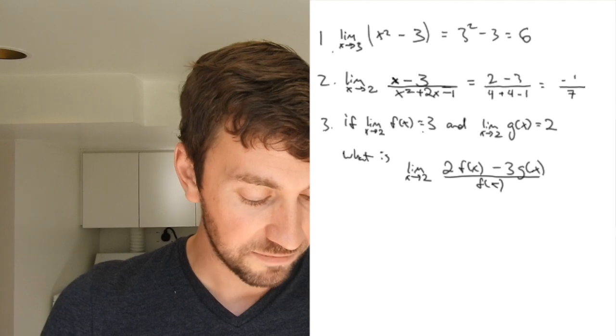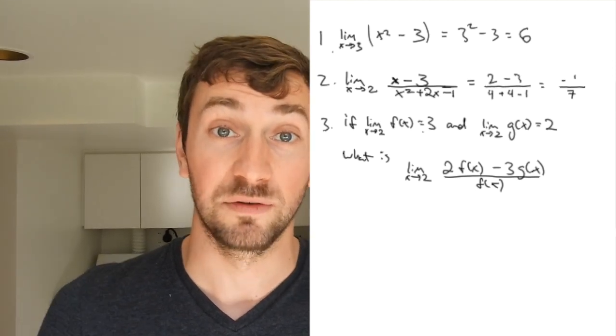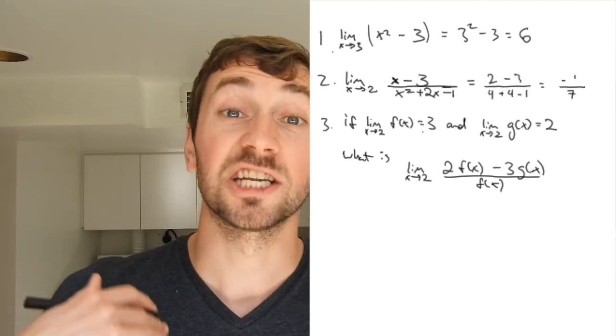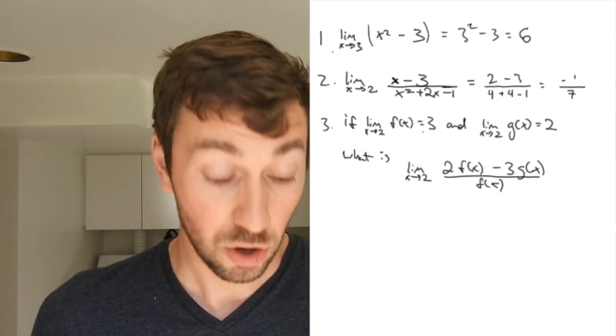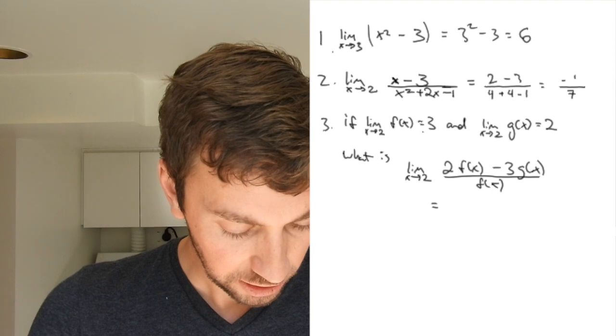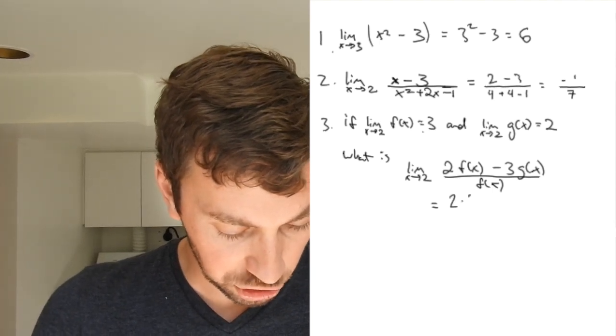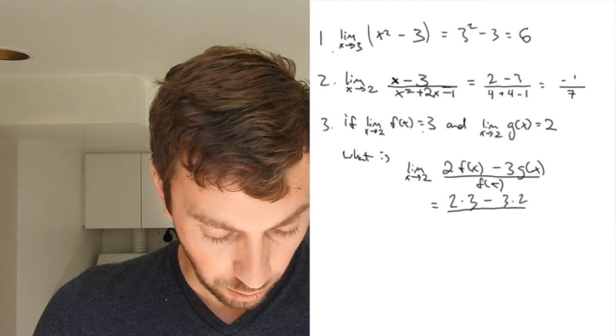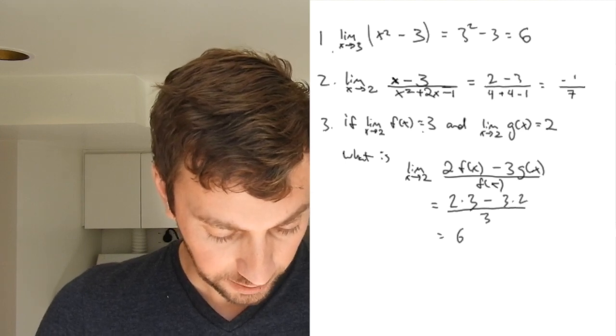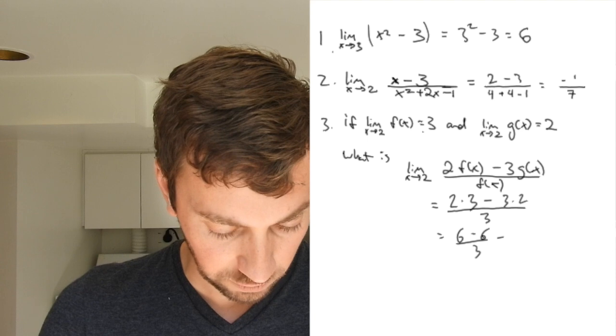So if I have the same limit, I can just plug in the values. Every time I see f of x, that's going to become 3. And every time I see g of x, that's going to become 2. Okay, so let's just try it out. So I evaluate it. It's 2 times 3 minus 3 times 2 over 3. And that's 6 minus 6 over 3.